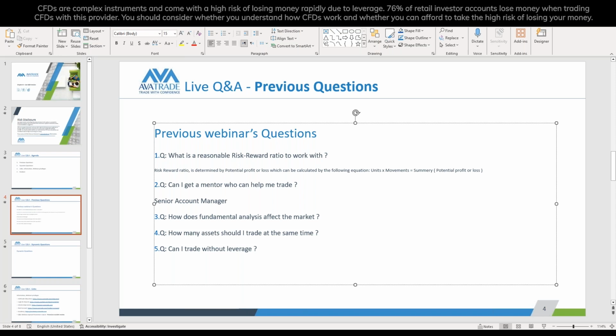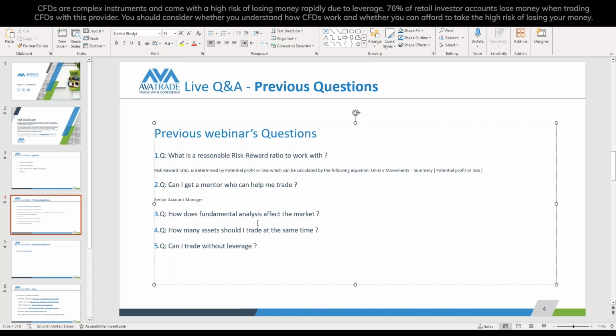They're not going to tell you what to do or specifically how to do it, but they can definitely give you the surroundings in terms of a plan, a strategy, the exercise that we're doing now, which is calculating the potential profit or loss, also risk money management, margin comparison, and so much more. So a senior account manager can be assigned as soon as you've made a deposit and you start moving. Use this benefit. We're going to just make it a little smaller.